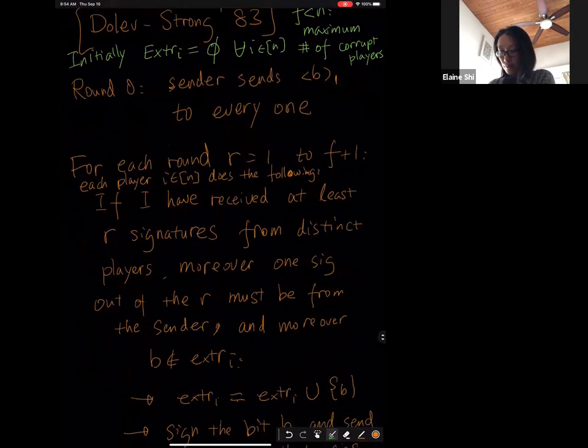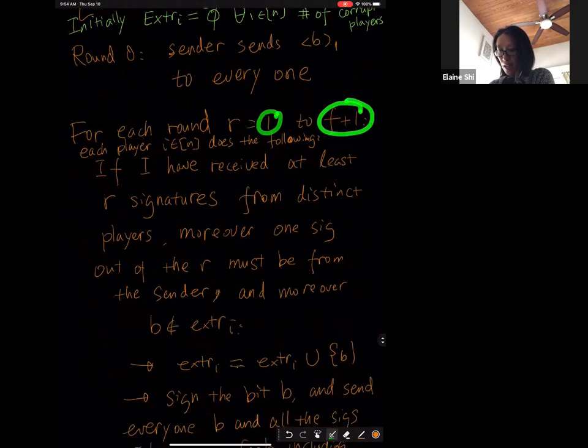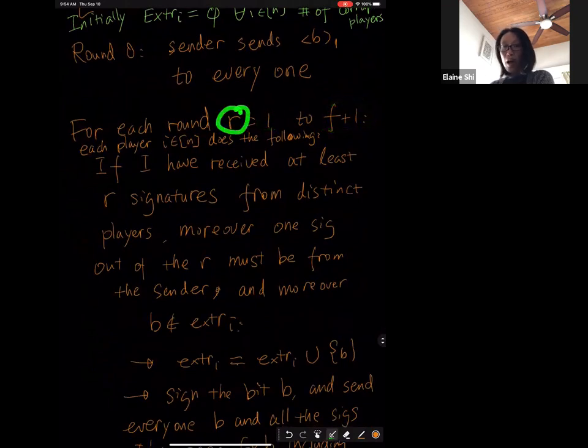Now, for each of the remaining rounds, and in particular, we are going to run the protocol for F+1 rounds. If we are in round R, what you want to do is to look for any bit that has gained at least R signatures from distinct players.